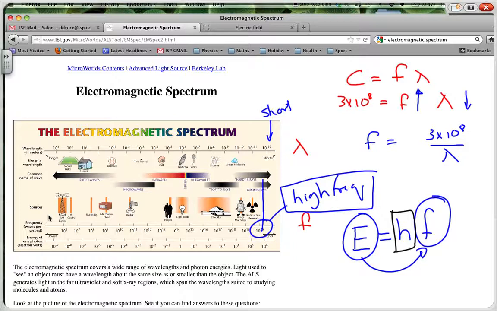Okay, so these high frequency, very short wavelength waves are your high energy waves, your gamma rays, and these come from radioactive materials and so forth. They give out these gamma rays. These things can cause a lot of damage to a person if you get exposed to gamma rays and X-rays.